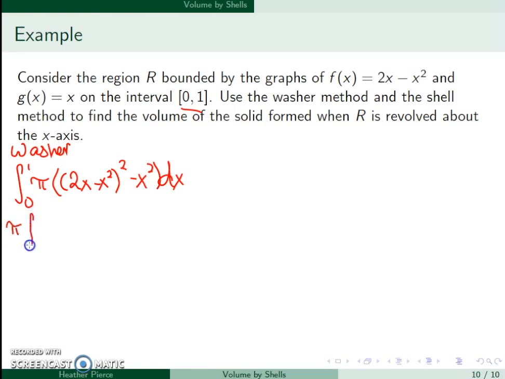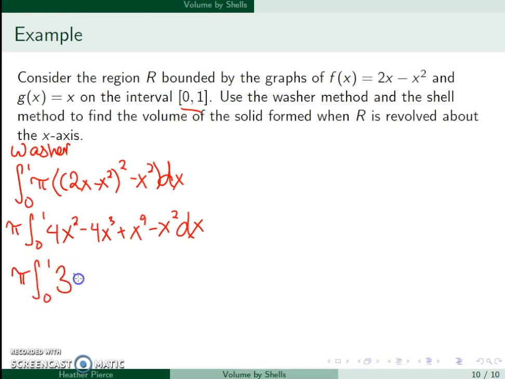So we get pi from 0 to 1 of 4x squared minus 4x cubed plus x to the 4th minus x squared dx. So this is the integral from 0 to 1 of 3x squared minus 4x cubed plus x to the 4th dx.